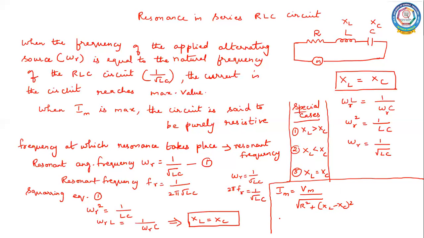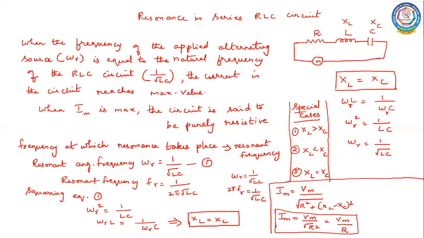So at resonance condition, what will be the value of Im, children? Im is equal to Vm by root of R square, or I can also write this as Im is equal to Vm by R. So this is the maximum value of current, and the circuit is said to be purely resistive in the condition XL equal to XC.